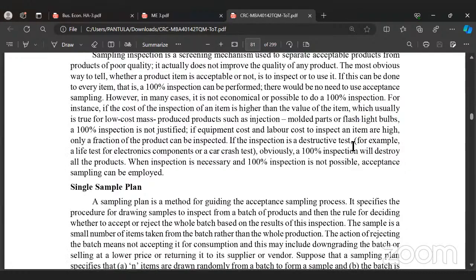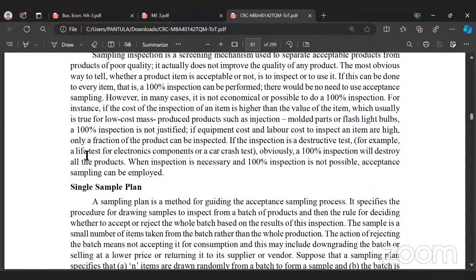However, in many cases it is not economical or possible to do 100% inspection. We can't cut the entire watermelon, or check whether every product is qualitative or not. We need to consider the cost, labor cost, all those things. So we go with some portion of the population.